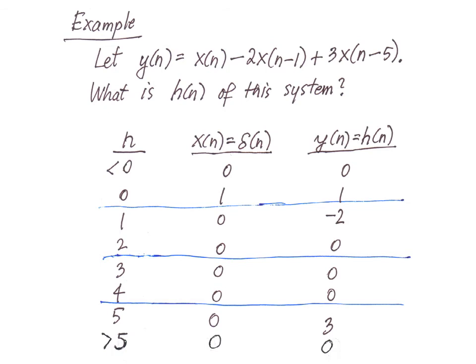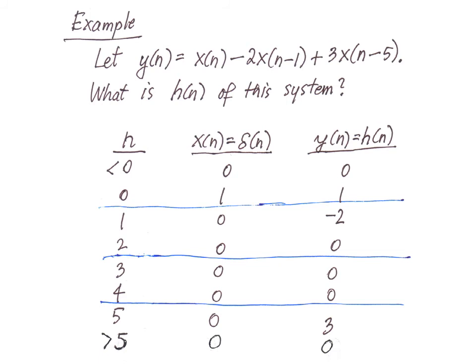The input sequence is a delta function, so note that it's only equal to 1 at n equals 0, and for all other values of n, it's equal to 0. y of n, the impulse response, because this is a causal system, take my word for it, does not start responding until that 1 arrives at the input. So for all n less than 0, y of n is also equal to 0.